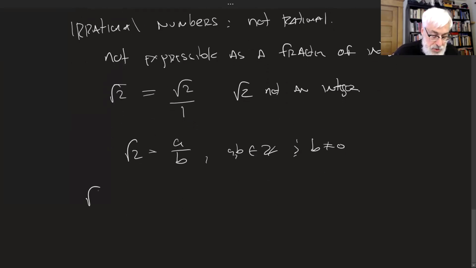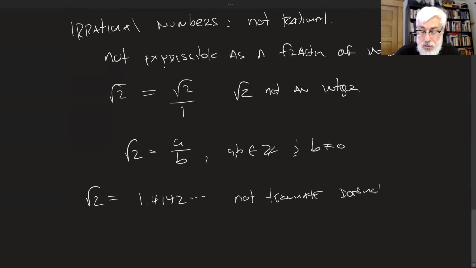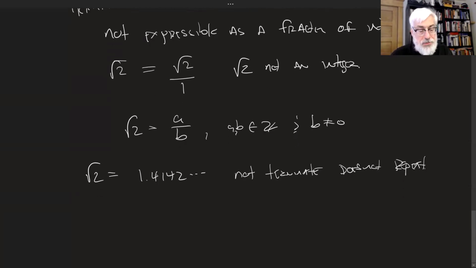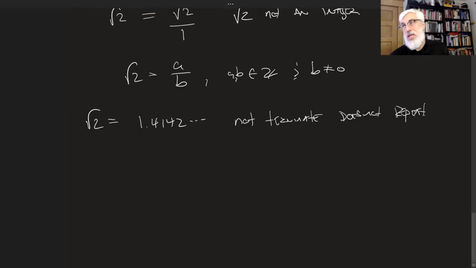Another fact: the square root of 2 is approximately 1.4142... This does not terminate and does not repeat. So we can also think of irrational numbers as non-repeating, non-terminating decimals. This is convenient as well, though it's impossible to say that something infinite doesn't repeat, because we can never know exactly every single digit.